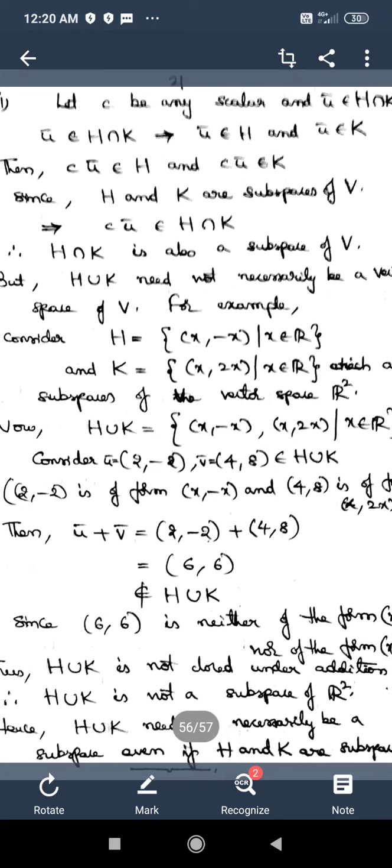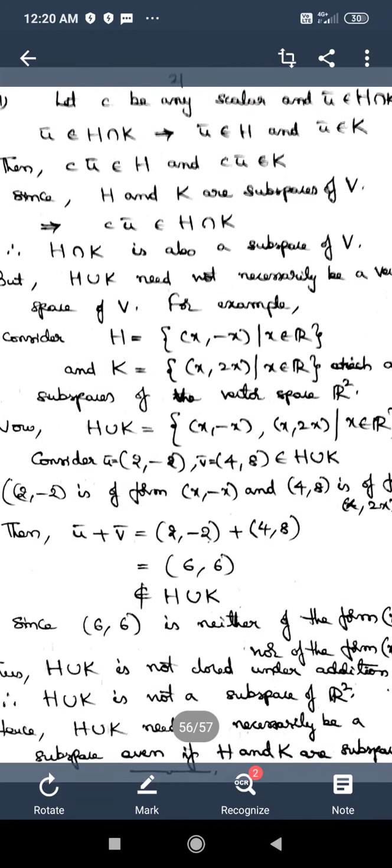I am taking two specific sets, and then I am also going to take two specific vectors from those sets, and want to show that H union K need not be a subspace of R2.